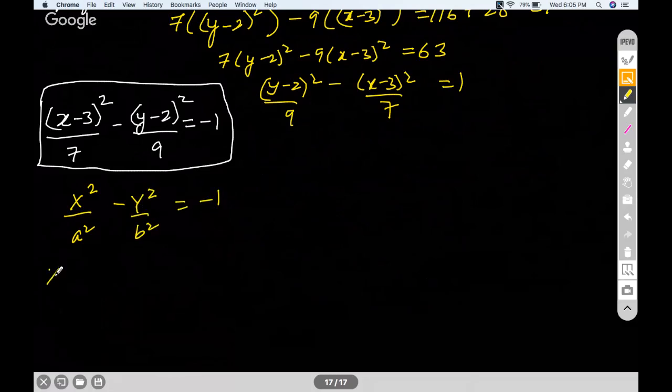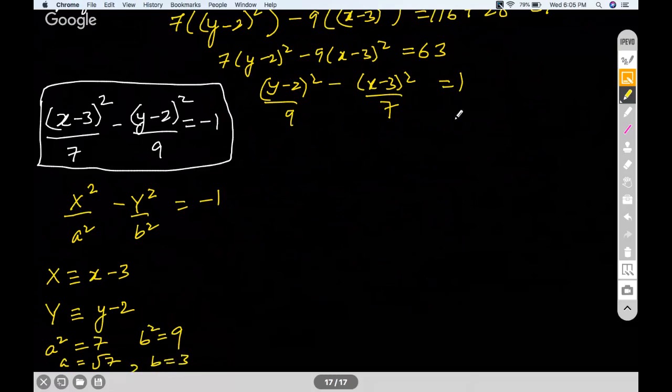So it's obvious that the role of capital X is now being played by small x minus 3. Role of capital Y is now being played by small y minus 2. Your a square is 7 and your b square is 9. That means a is root 7 and b is 3. Okay. Now we are trying to find the center.